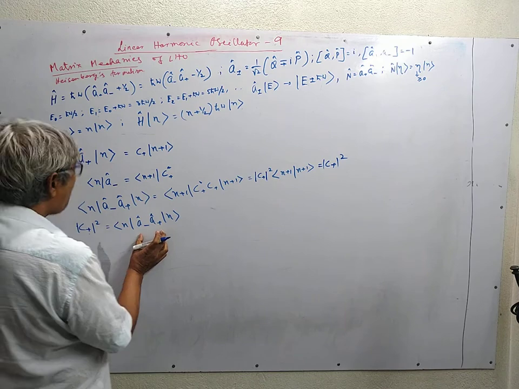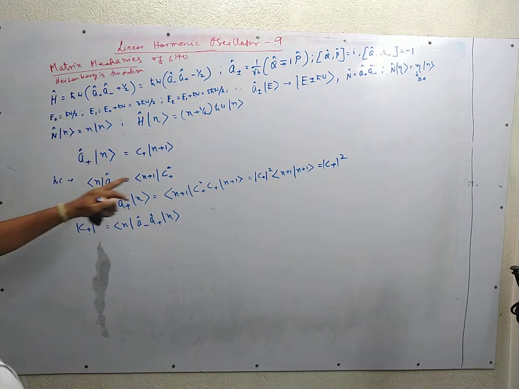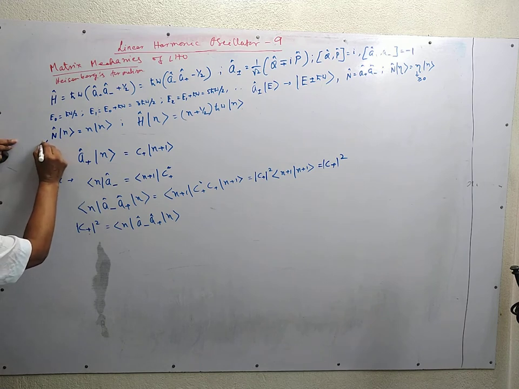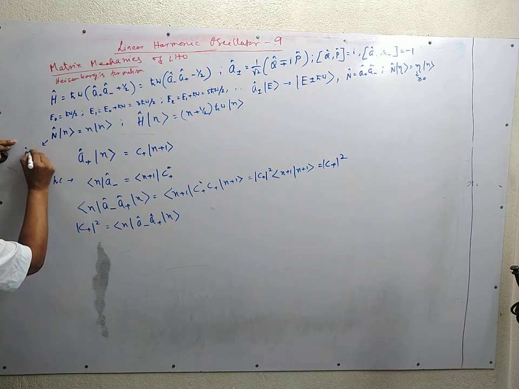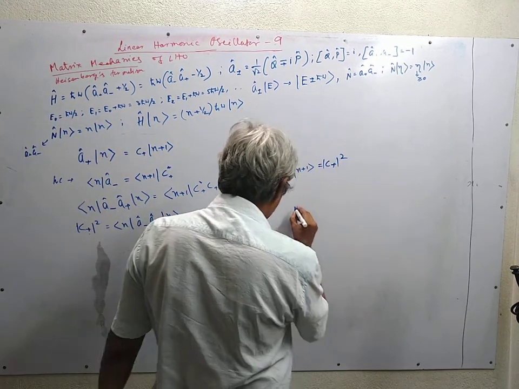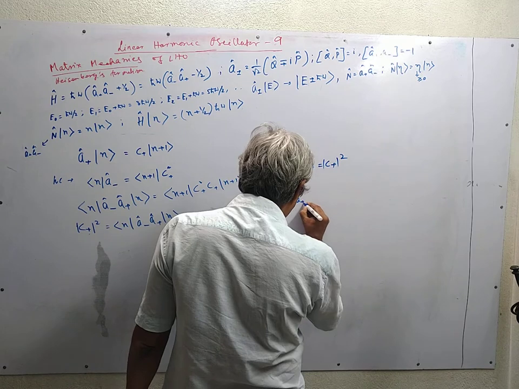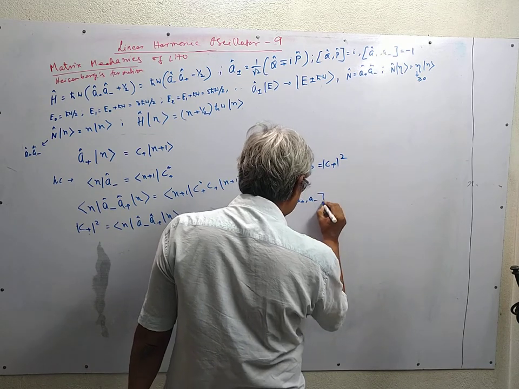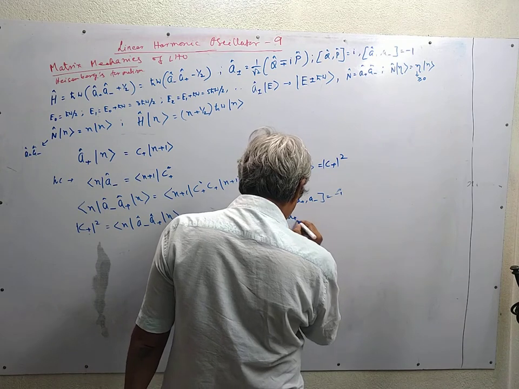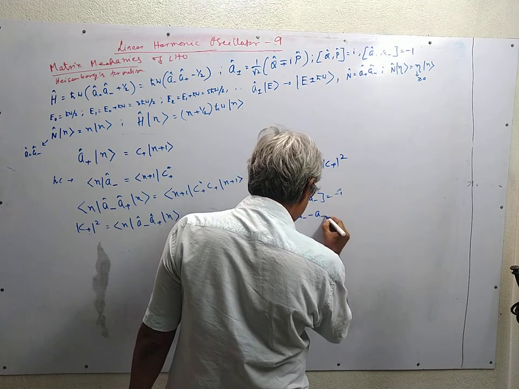But we know our relation in terms of the number operator. Remember that the number operator is A plus A minus. So we use the commutator relation of A minus and A plus: the commutator of A minus and A plus is equal to 1.